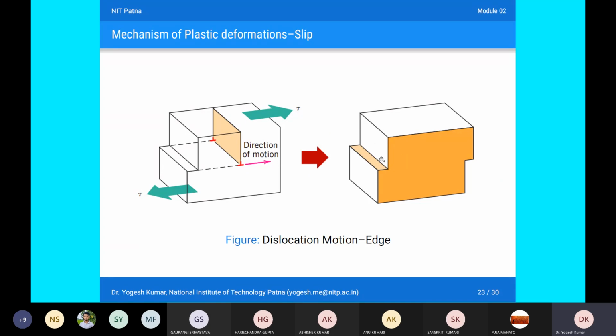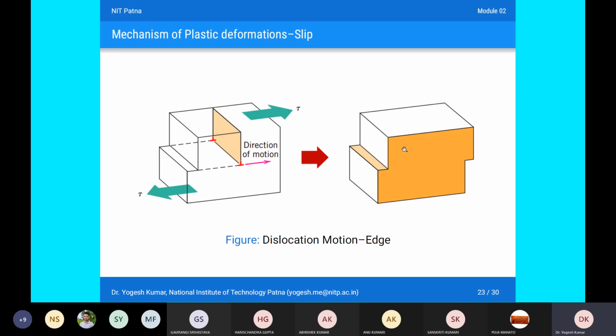Due to the extra half plane of atoms which exists in your metal structure, your material takes shape like this.